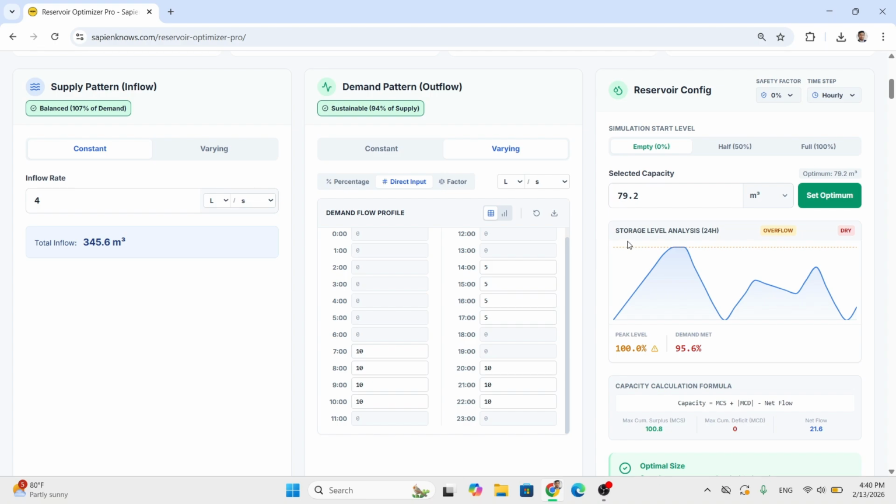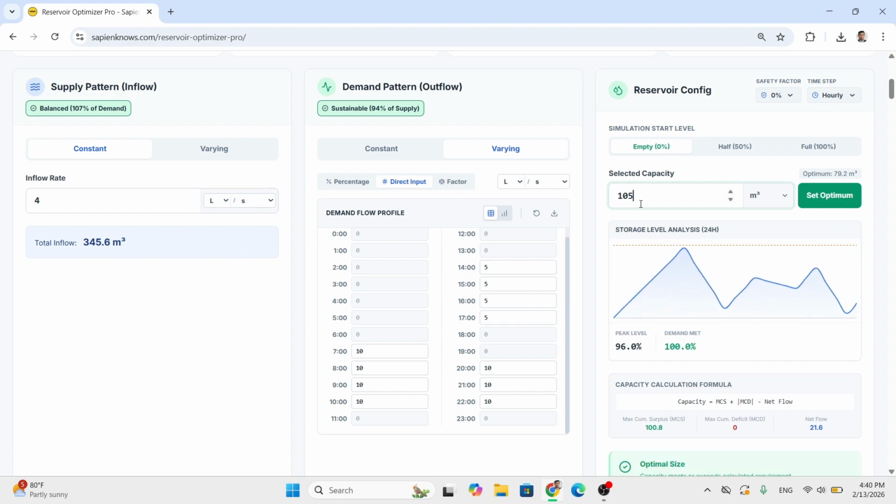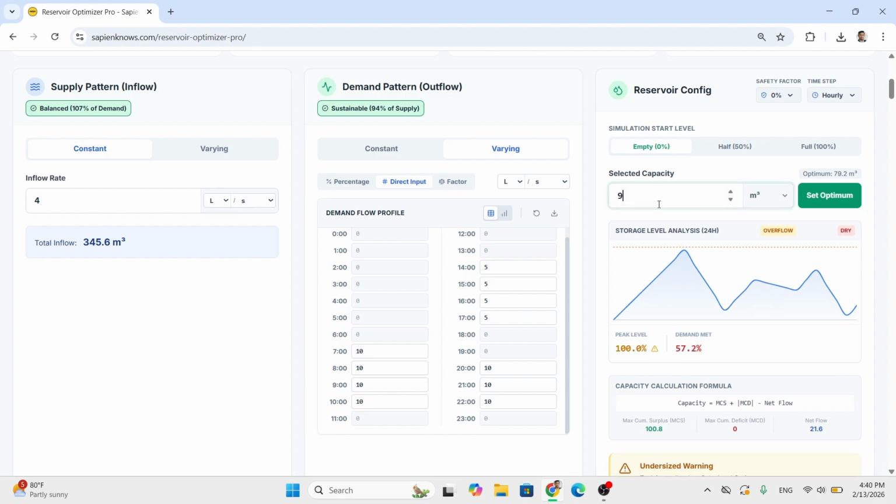So we will have to keep a bit larger tank. Let's keep it at 100 or even 105. Even 95. Yeah, we can keep it at 95 meter cube, the size of the tank.